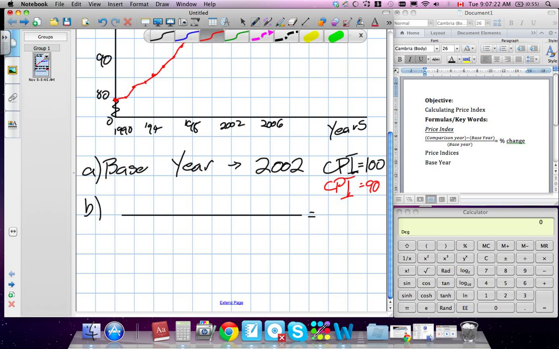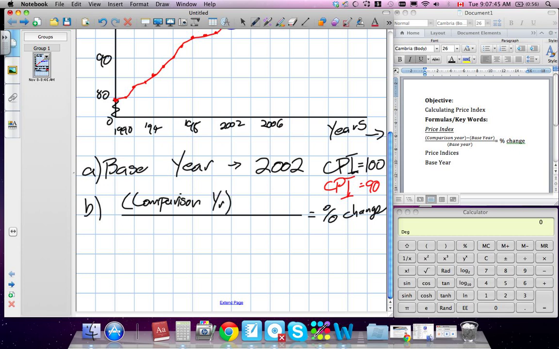And you know what? We'll rewrite the formula so you guys can see it on here. This is the same formula right here that we have written out there. We're looking for percentage change. Comparison year. Subtract base year. Divided by base year.